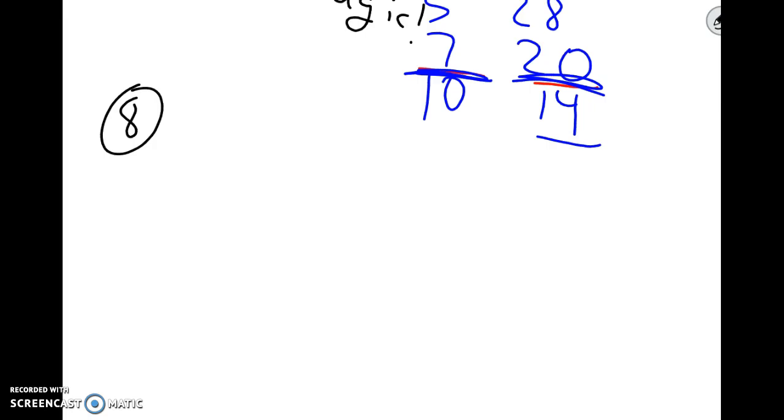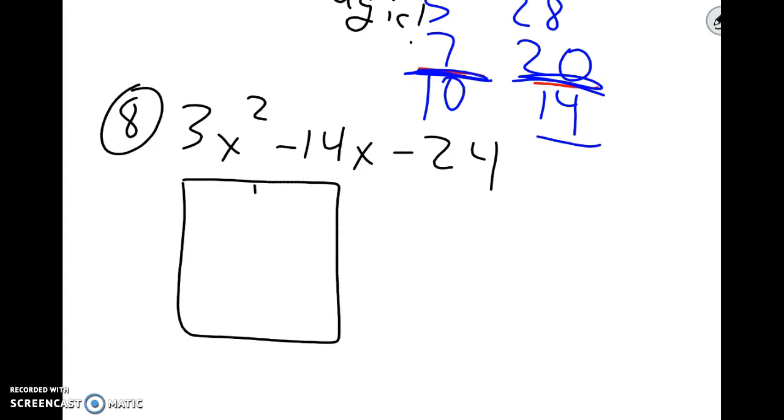We have 3x squared minus 14x minus 24. Okay. So once again, step 1, the box. Step 2, the plug. 3x squared, negative 24.